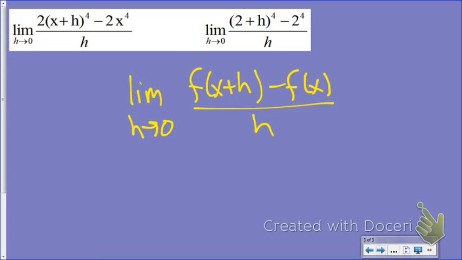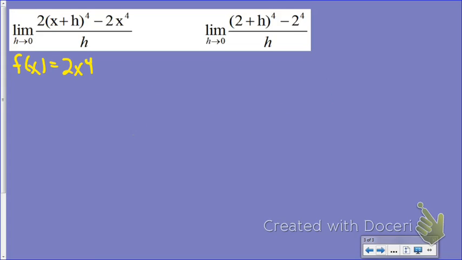If you look at this first limit, everything matches except my f of x in that case is the function 2x to the 4th. Since that's the definition of a derivative, I can just use the power rule to find my derivative. So my derivative would be 8x cubed. I would get the same thing if I worked out that whole definition.